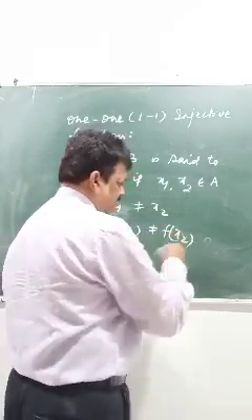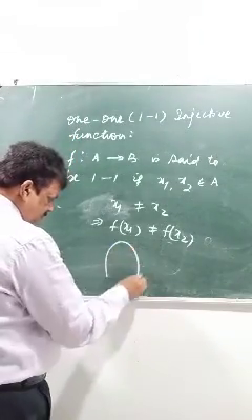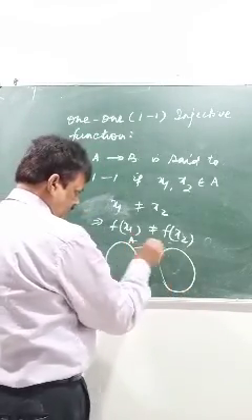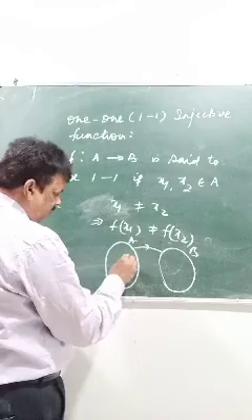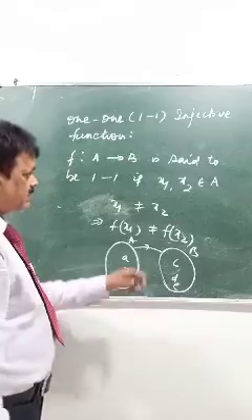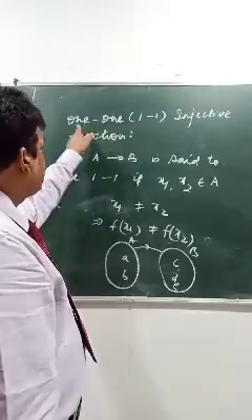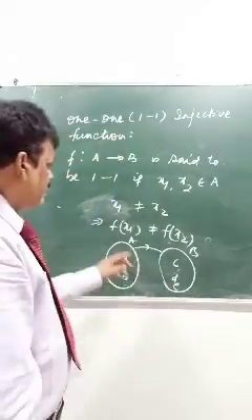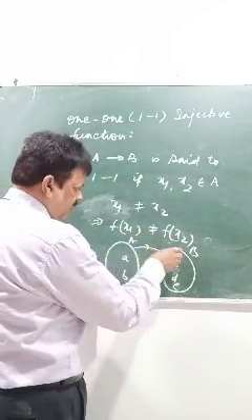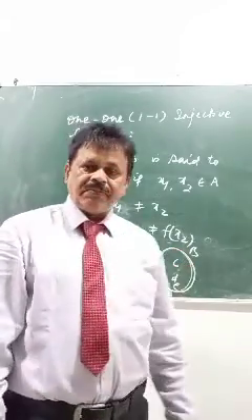What does it mean? The meaning of this is, suppose there are elements in a domain, some elements, suppose A, B, C, D, E. When I say one-one, it should be a function first. Only a function can be one-one or onto. So when you say x1 is not equal to x2, means these two are distinct, the elements in the codomain will be distinct.